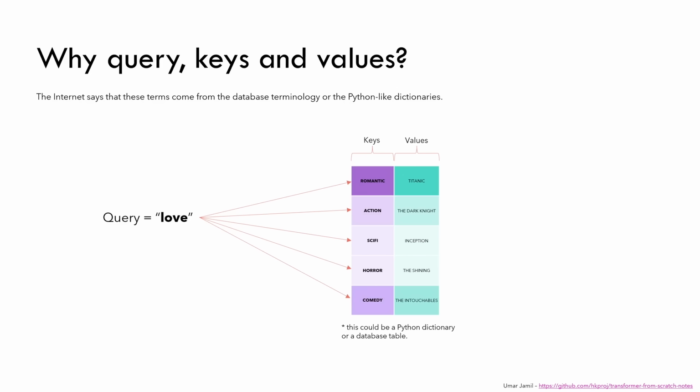In this case, our embedding may be in such a way that the word love and romantic are related to each other. The word love and comedy are also related to each other, but not so intensively like the word love and romantic. So it's a less strong relationship. But maybe the word horror and love are not related at all, so maybe their softmax score is very close to 0.